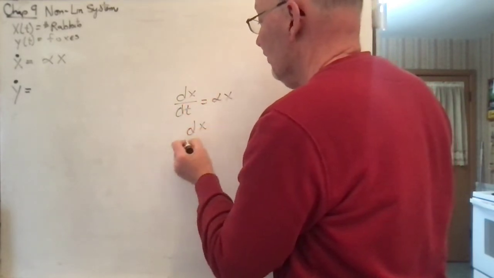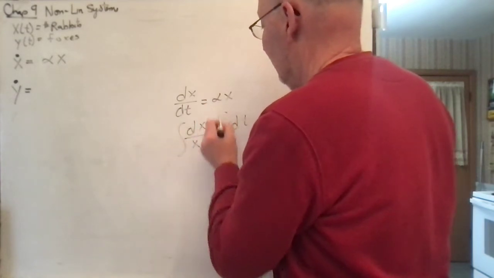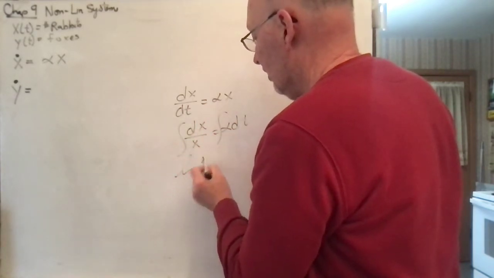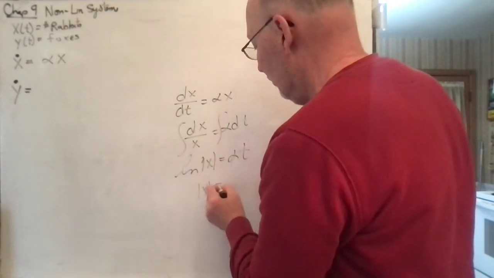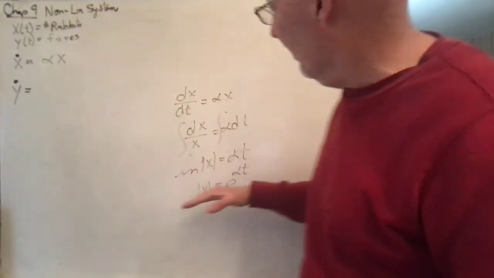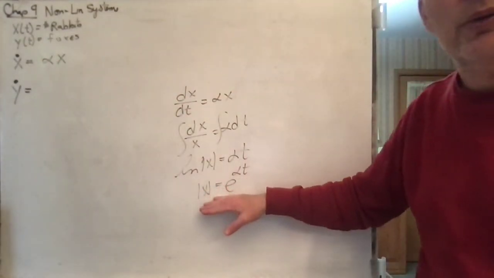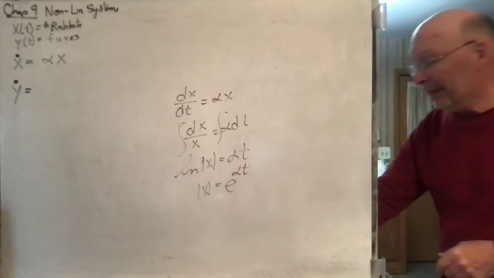You separate variables, integrate, you get the ln of x is equal to alpha t, x is equal to e to the alpha t. See that? So whenever you have a situation like this, you get yourself exponential growth.